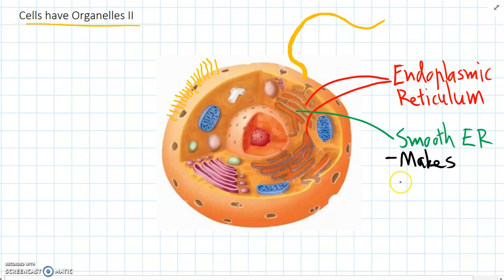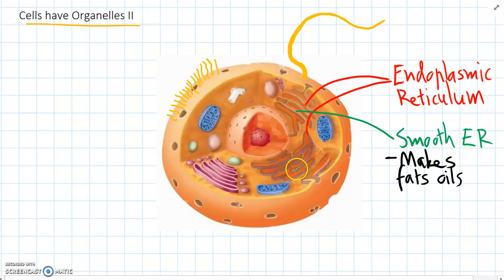But the most important one is it makes fats and oils for the cell. Fats and oils are really important for making the cell membrane, which all cells need, and for making hormones, and for particular types of cells like fat storing cells. They'll have a really big smooth ER.